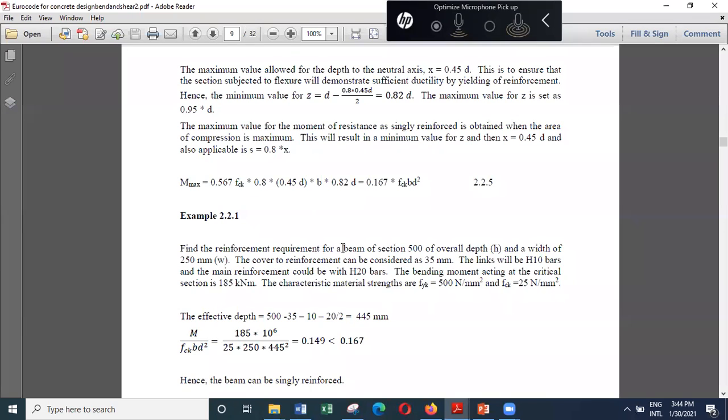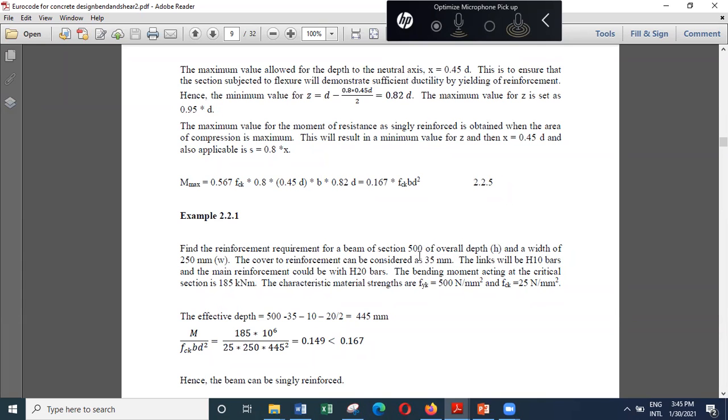Find the reinforcement requirement for a beam of section 500 millimeters of overall depth and 250 millimeters of width, and cover to reinforcement is considered as 35 millimeters, and the links will be 10 millimeter bars, and the main reinforcement could be with H20 bars.